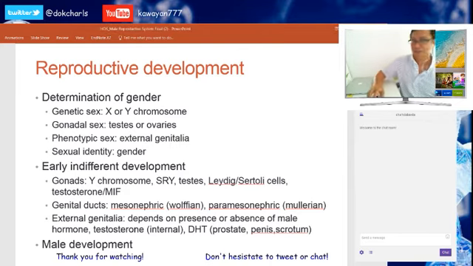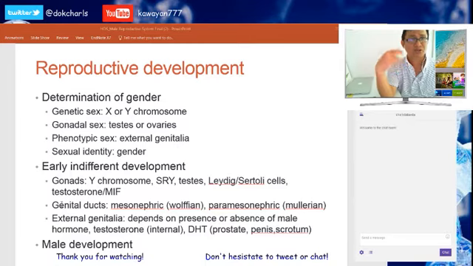So taking a look at your male reproductive system, take a look at the reproductive development. The first thing that we need to consider is, how do you determine the sex or gender of a person? How does one become male? How does one become female? Of course, determination of sex according to the World Health Organization is defined by the biological and physiological characteristics that define men and women.